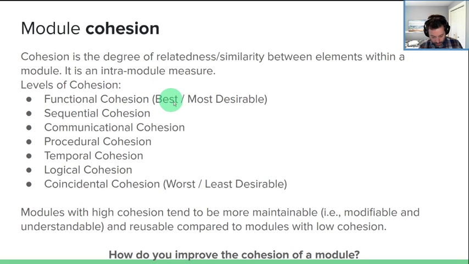So let's say that we have a God class, right? That was an anti-pattern where you have one class that does everything. That would have the absolute worst level of cohesion because all of its responsibilities are just spread so far apart, right? It is doing too many things. It is not cohesive. It would basically be coincidental cohesion, which we're going to talk about as we go.